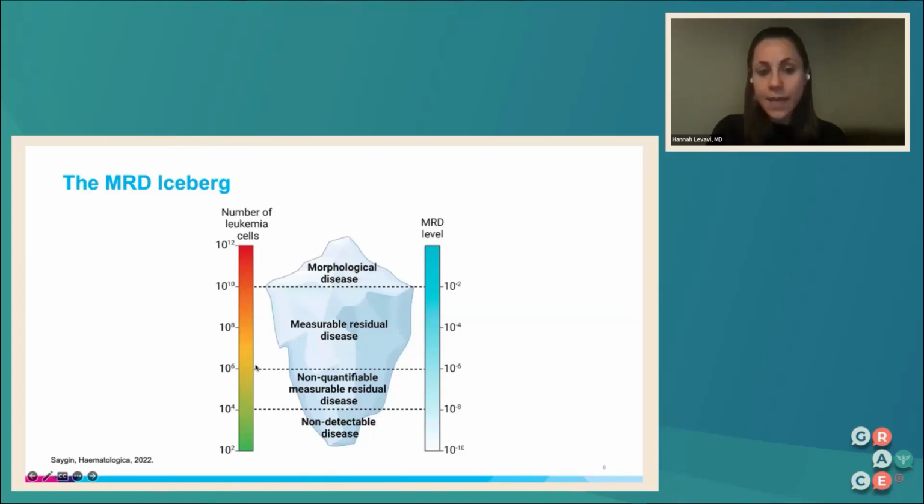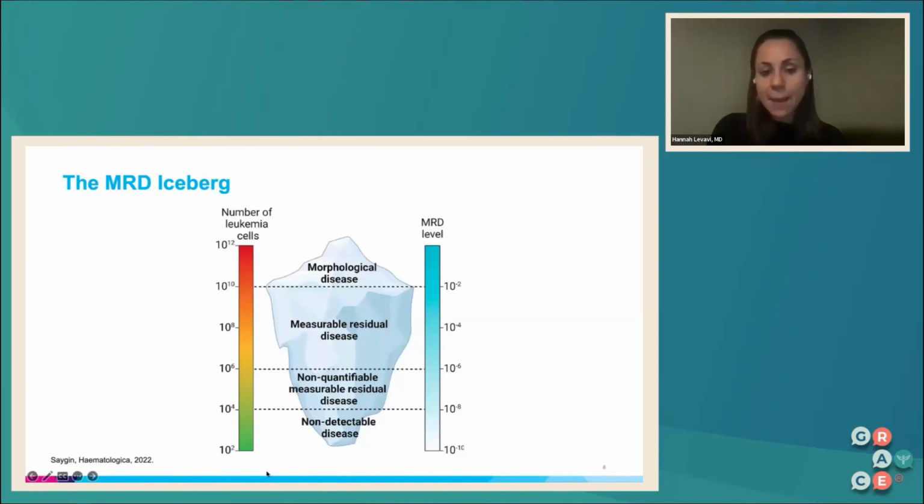Beyond that, we do know that there are some people who might not test positive for any disease after they go into a remission, but there probably is some residual disease left over that's non-quantifiable, meaning that we don't have testing methods that would be able to pick up on that disease in this current era in 2025.